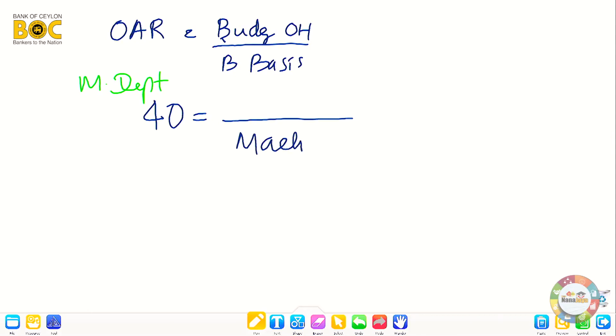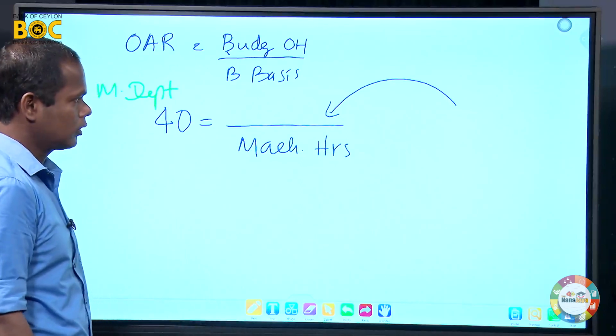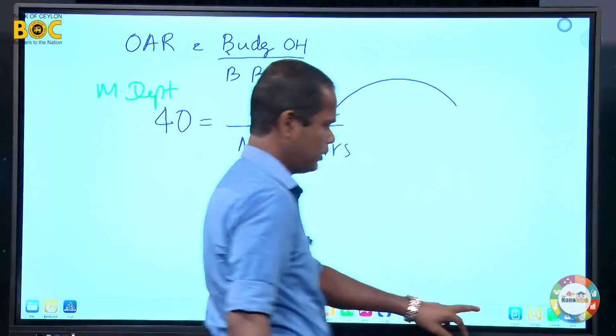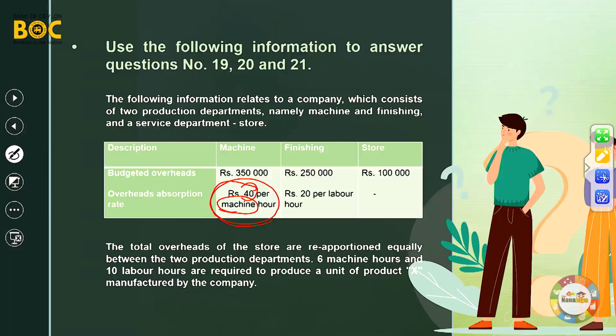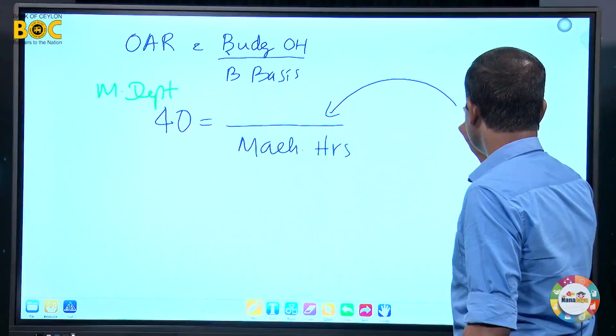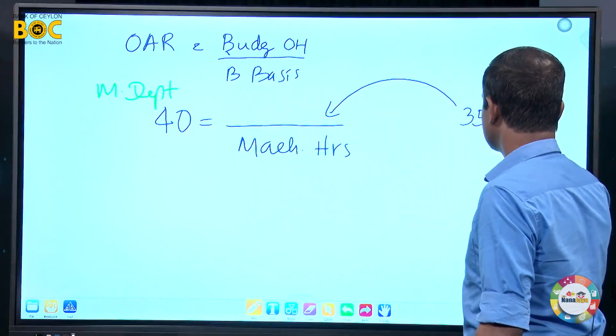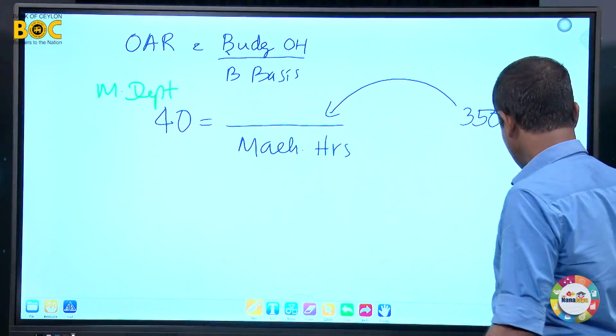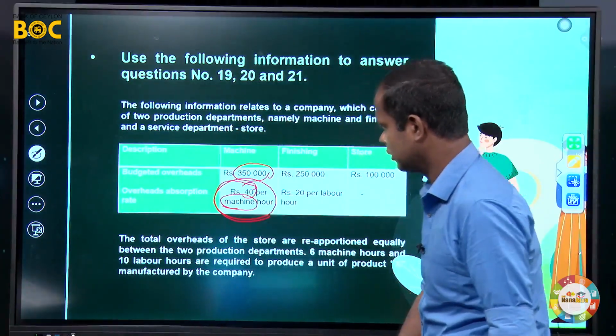Now the issue is, what is the budgeted overhead? In the machine department you have 350,000 rupees. That's only in the machining department.